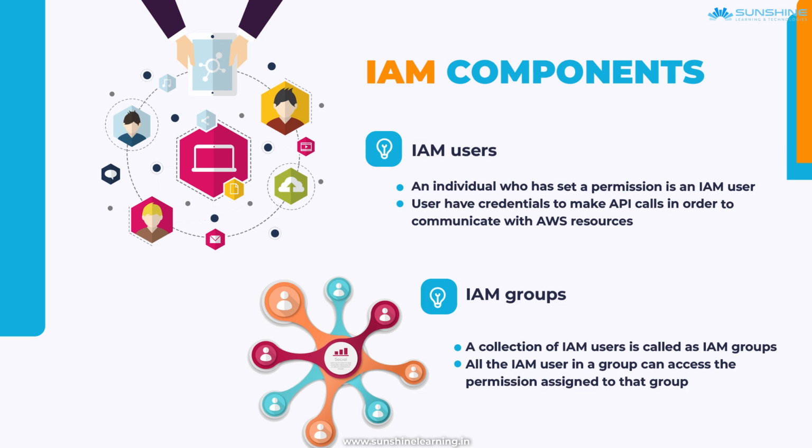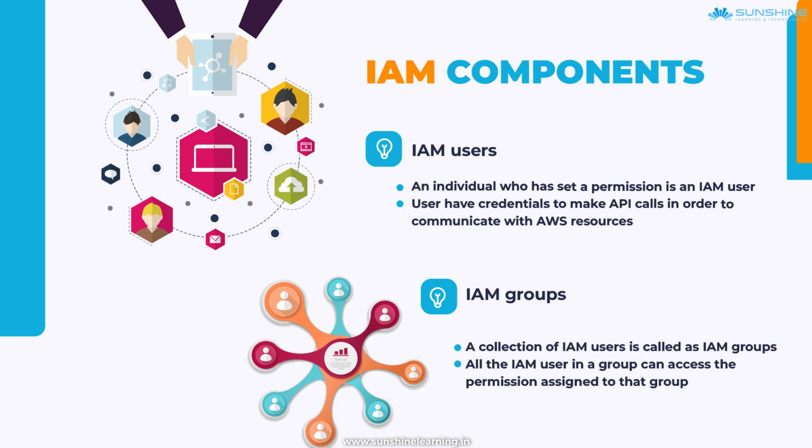What type of permissions and policies I have granted to your user ID depends on the policies that are attached to that user. So in a nutshell, an IAM user is the person who is going to log in to someone else's AWS account.